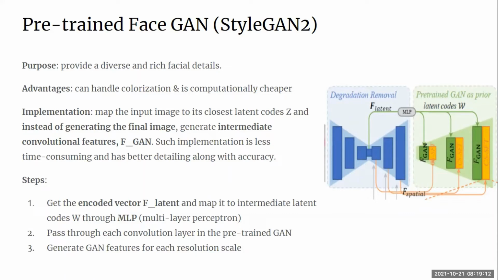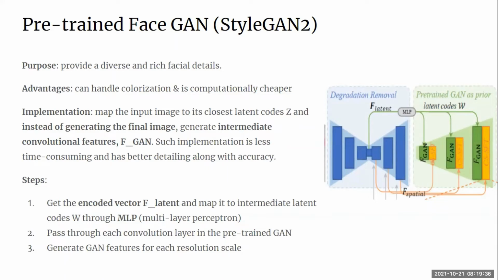The second part is using the f-spatial. What are the f-spatial? They're just the features produced by the decoder in the UNet. And those are used why? What the f-GAN is going to produce is going to be modulated using the f-spatial. What do I mean by modulated? It's conditioned.